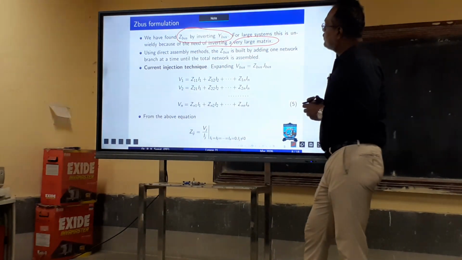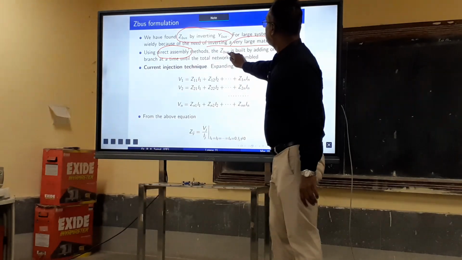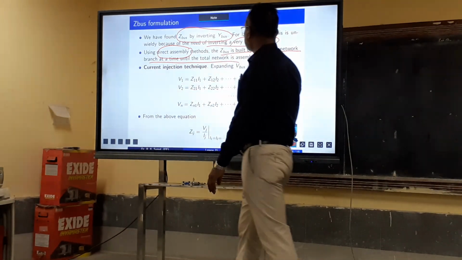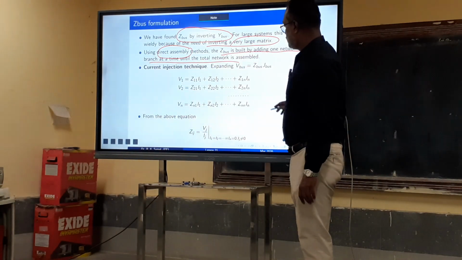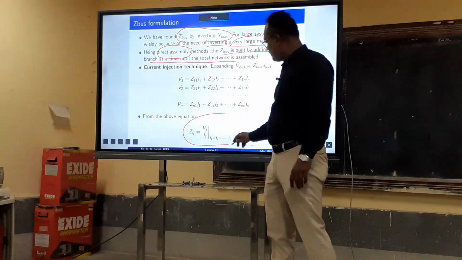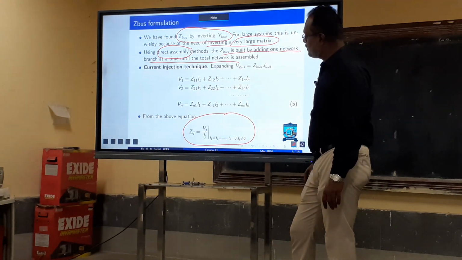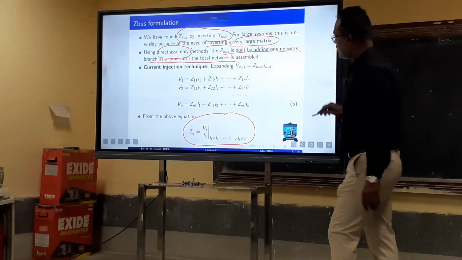Using direct assembly methods, the Zbus is built by adding one network branch at a time until the total network is assembled. This is the basic equation that is used. Here Zij is equal to Vi divided by Ij, provided all the remaining currents are zero.